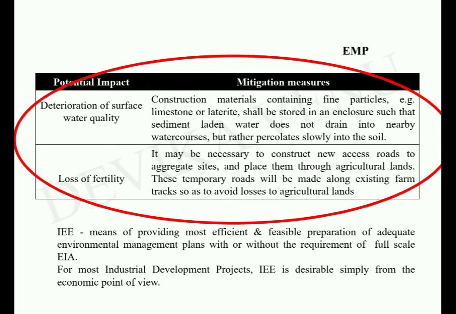If there is an impact coming suddenly in the site or in the project, you readily have a solution for that by preparing a plan. This is known as the environmental management plan, or EMP. So IEE is a means of providing the most efficient and feasible preparation of an adequate environmental management plan with or without the requirement of full scale EIA.